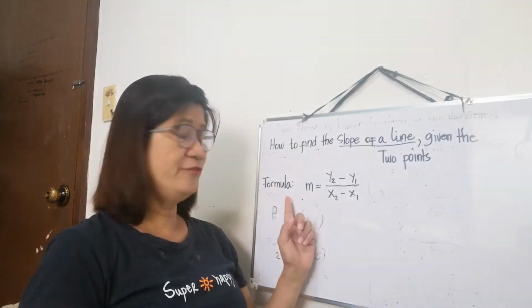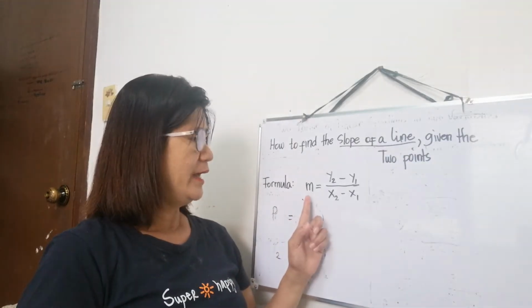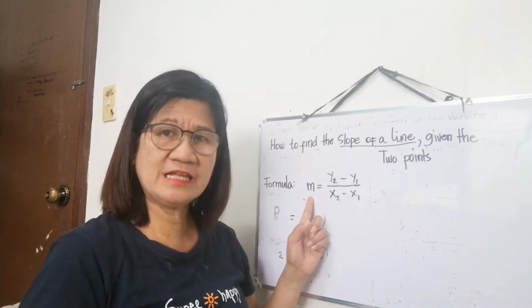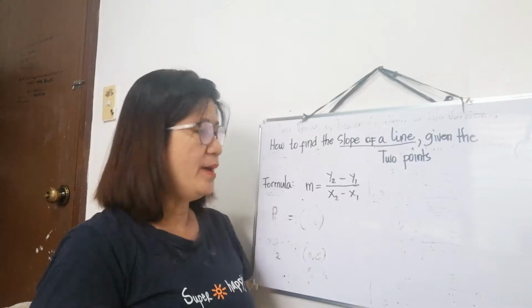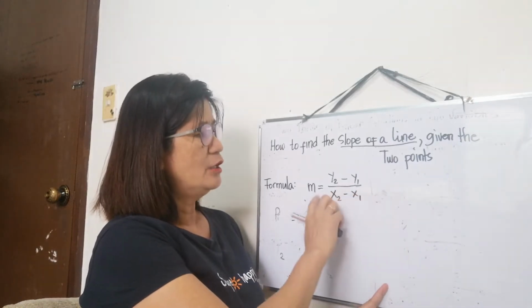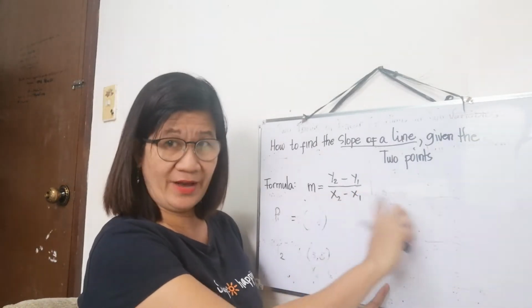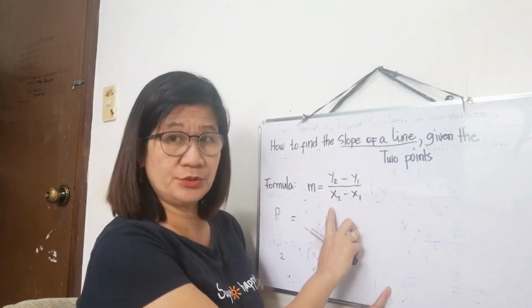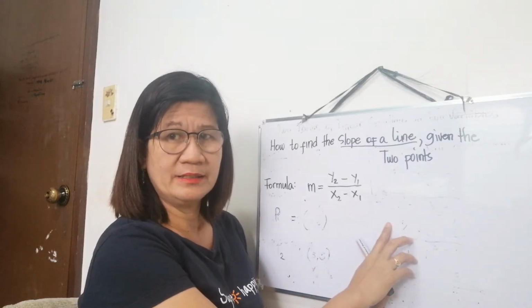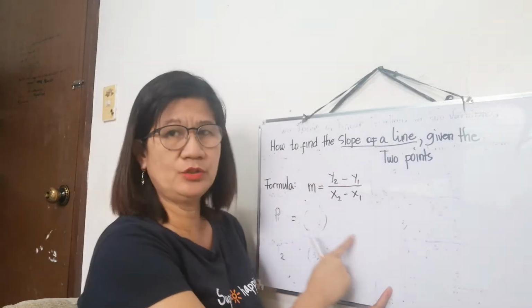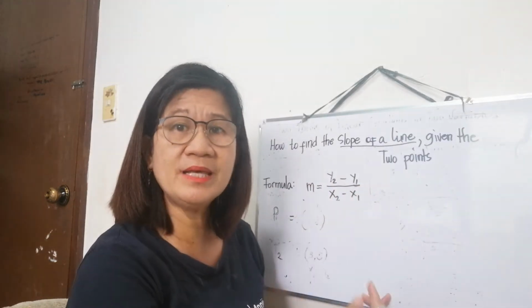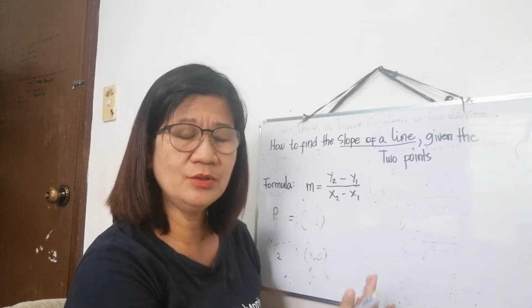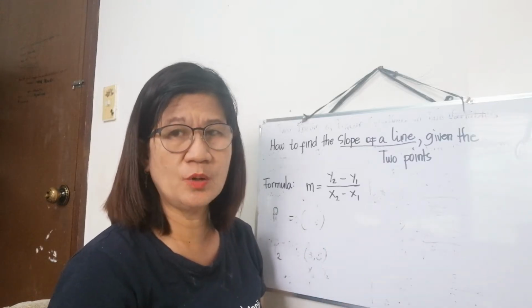Our formula is m, which stands for slope, is equal to y sub 2 minus y sub 1 all over, o kaya divided by, x sub 2 minus x sub 1. Mahalaga ito, so kailangan nyong i-memorize para magsilbing guide. This will be your guide on how to solve.